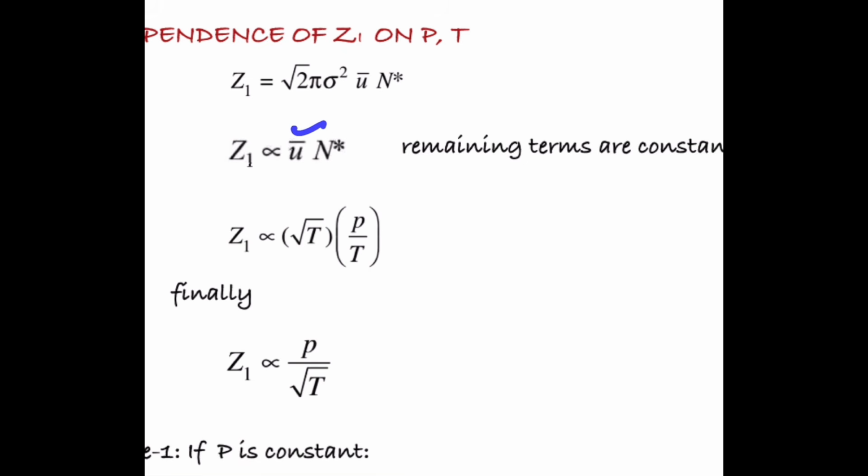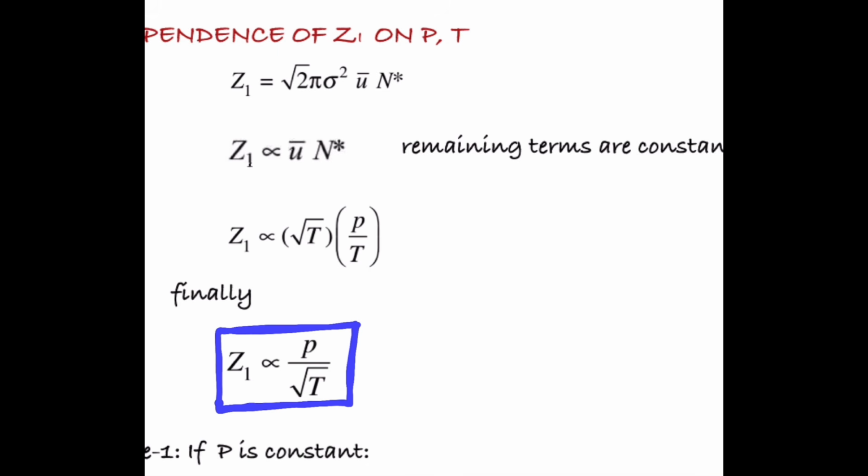You already know U average is directly proportional to root over absolute temperature, and n star is equal to P by kT. Substituting these terms, Z1 is directly proportional to root over absolute temperature into P by T. With further simplification, Z1 is directly proportional to pressure and inversely proportional to root over absolute temperature.